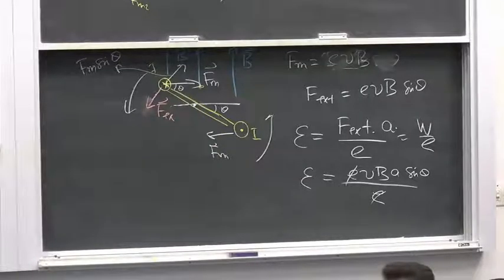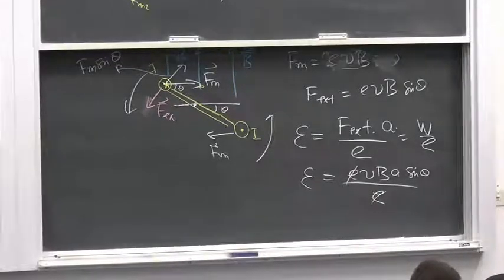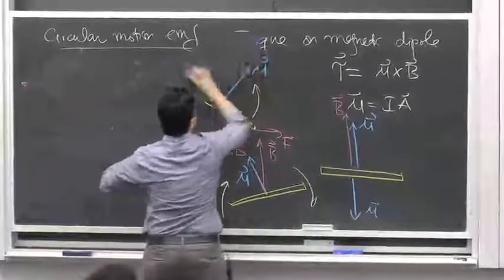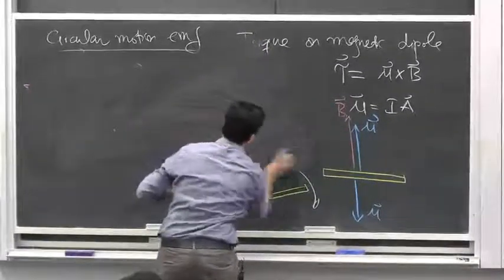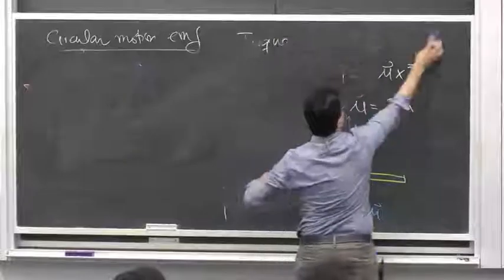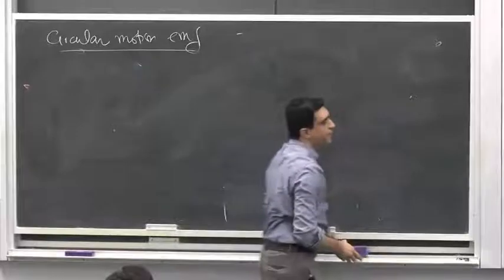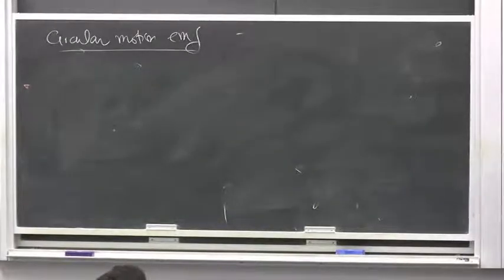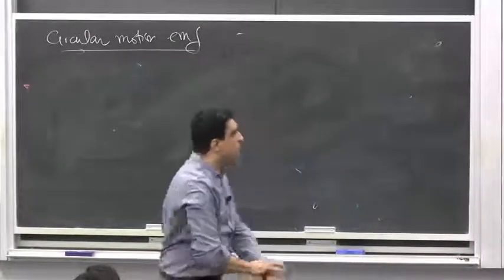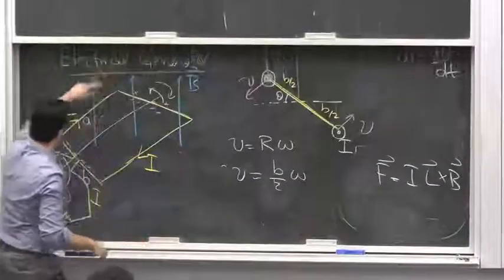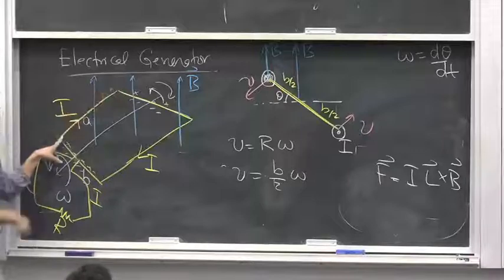Why multiply by A? Because EMF acts across the whole length of the wire.